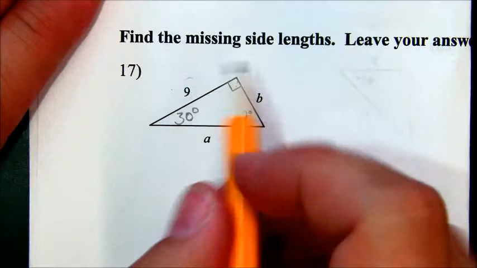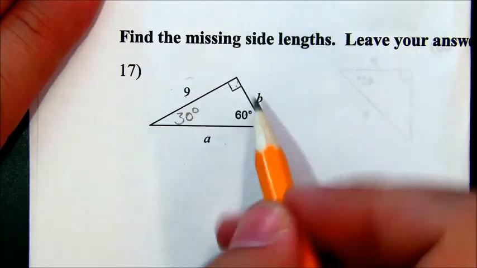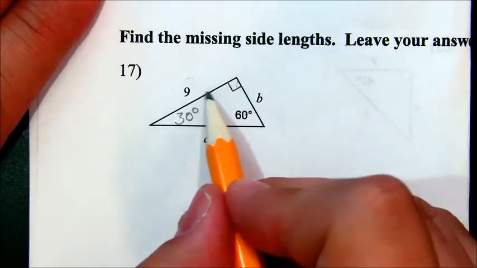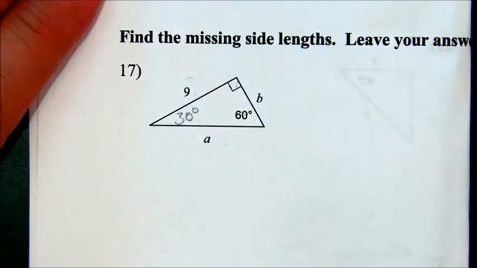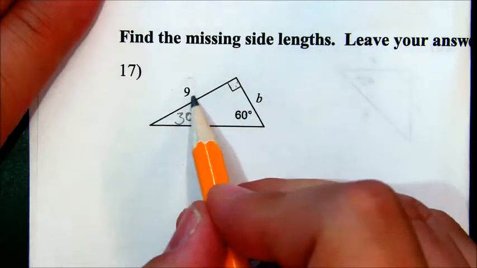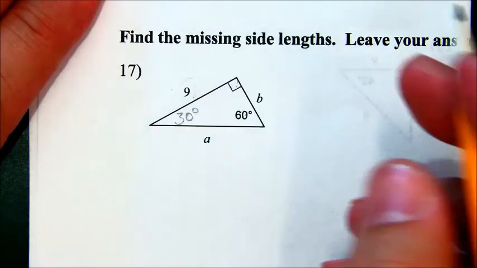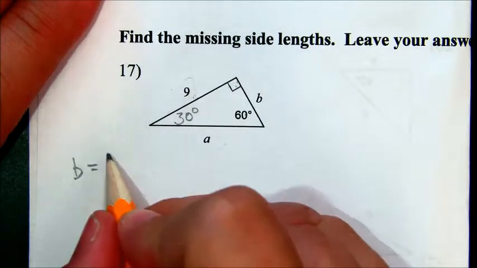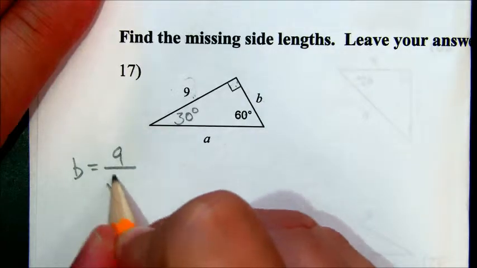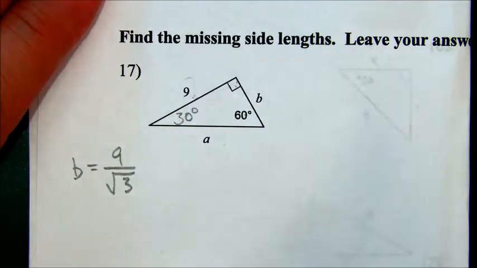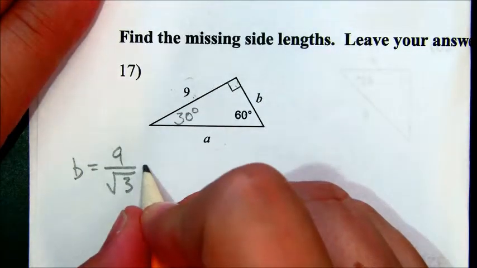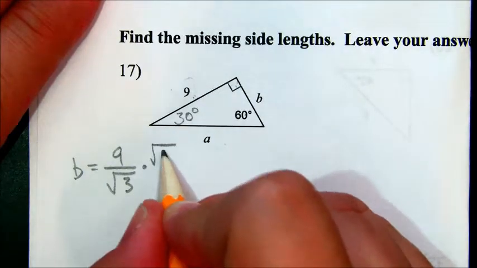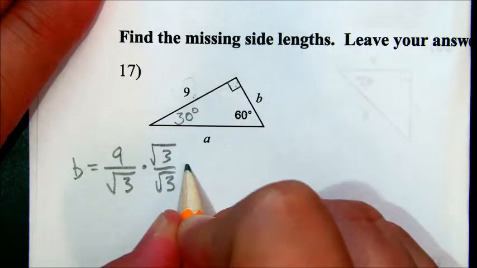Again, I'm going to find the short leg first because that's the easiest one. To go from the short leg to the long leg, I multiply by root 3. So to go backwards from the long leg to the short leg, I'm going to divide by the square root of 3. So B is going to be 9 divided by the square root of 3. And we usually rationalize the denominator here, so we multiply by the square root of 3 over the square root of 3.